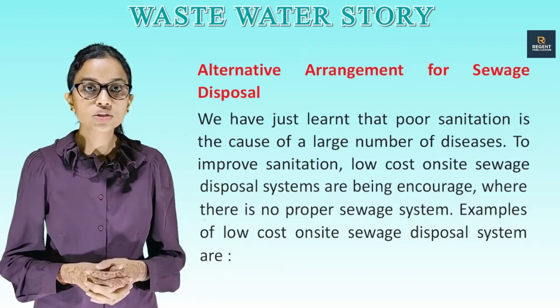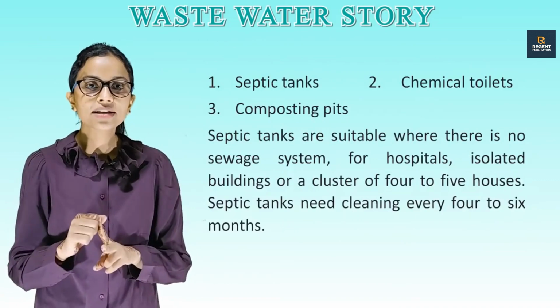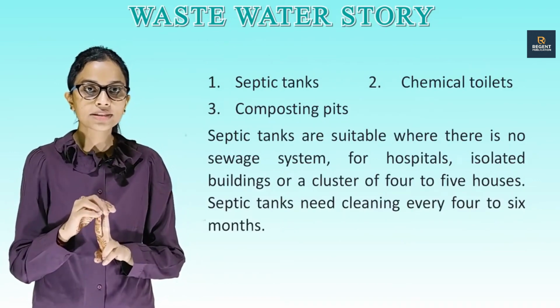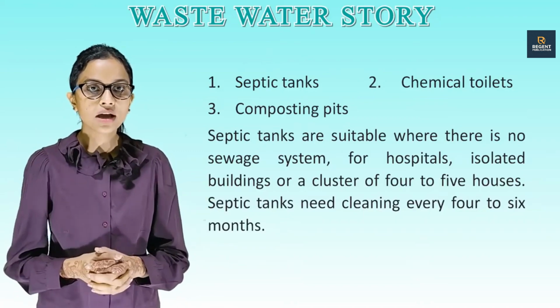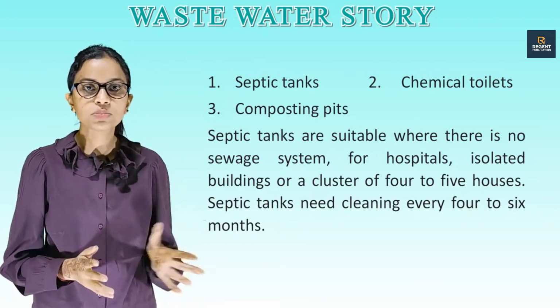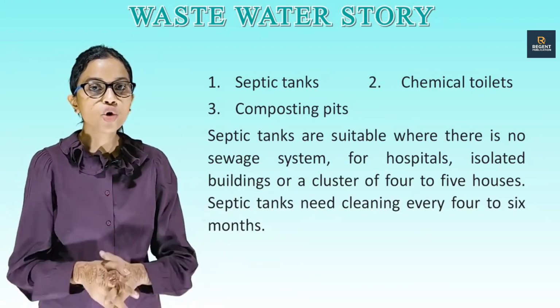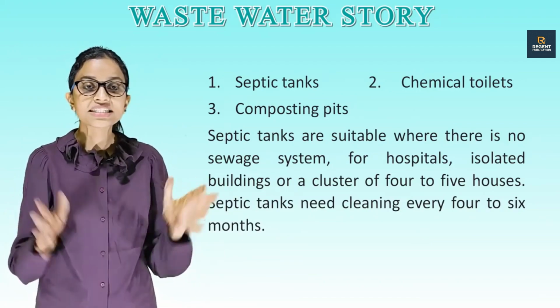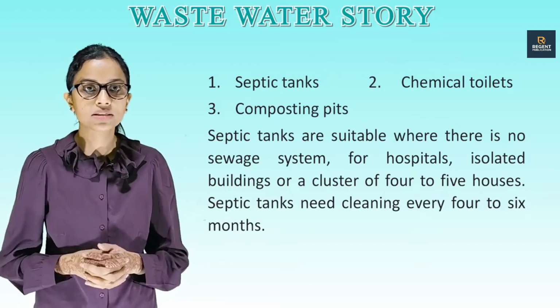Examples of low-cost on-site sewage disposal systems are septic tanks, chemical toilets, composting pits. Septic tanks are suitable when there is no sewage system for hospitals, isolated buildings, or a cluster of 4 to 5 houses. Septic tanks need cleaning every 4 to 6 months.